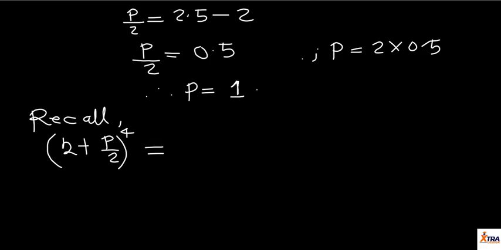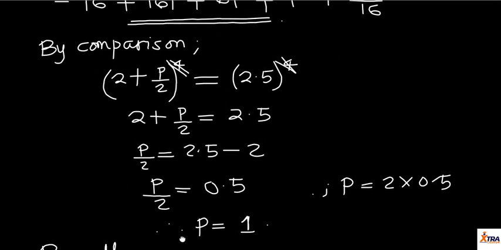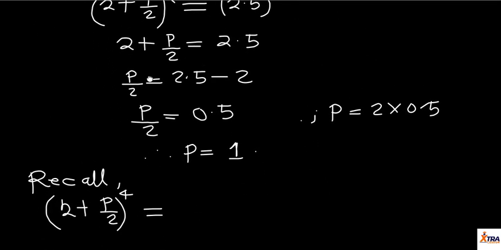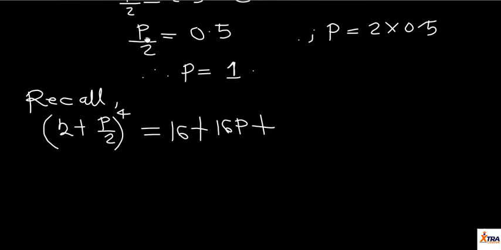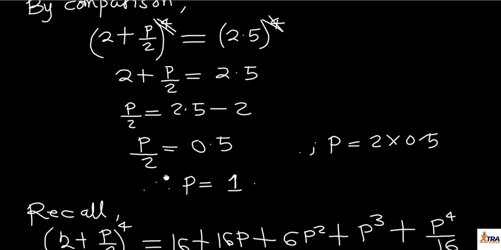When we expanded it, it gave us a value of 16 plus 16p plus 6p squared plus p cubed plus p raised to the power 4 over 16. I think that's what we had there.